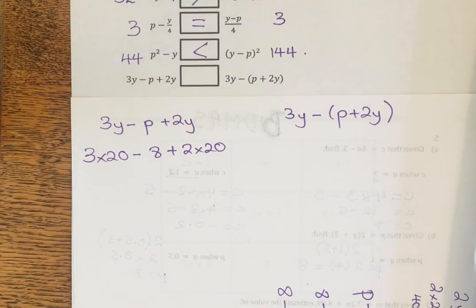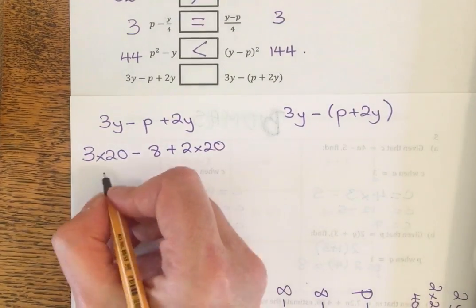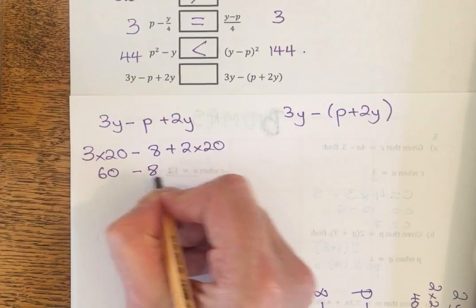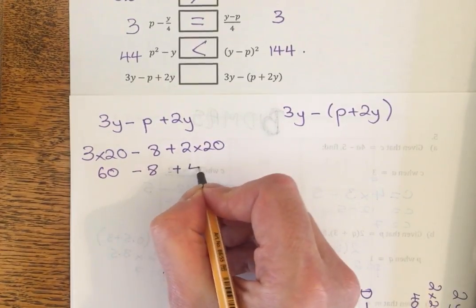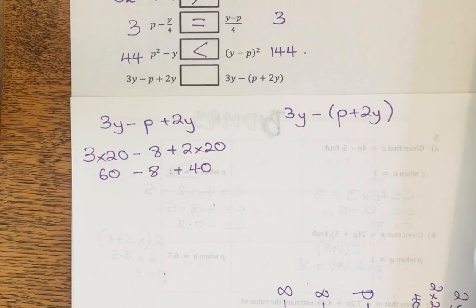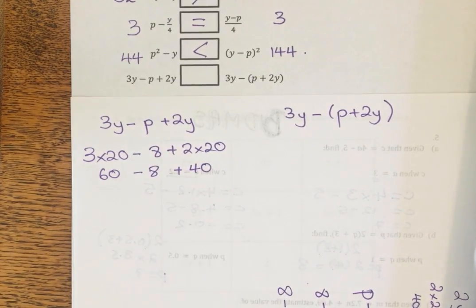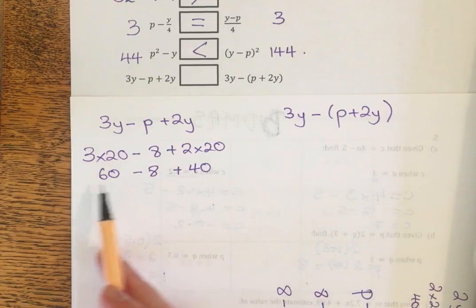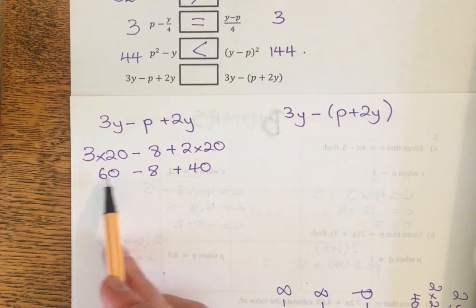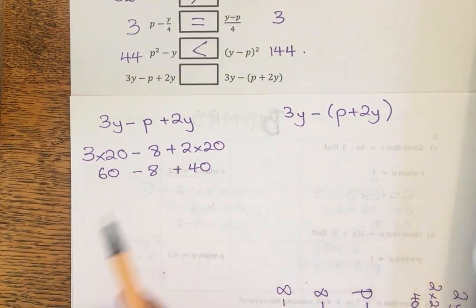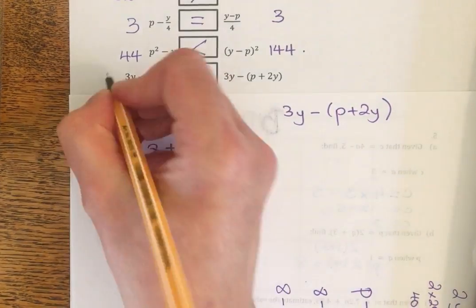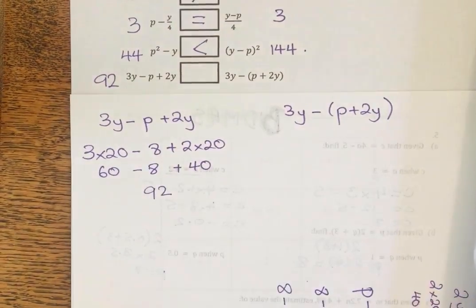The first thing I'm going to do is the multiplications. 3 times 20 is 60, take 8, 2 times 20 is 40. So it doesn't matter what order I do it in. I can do 60 plus 40 is 100, take away 8, I get 92. I'm going to put 92 there so I don't have to worry about it.